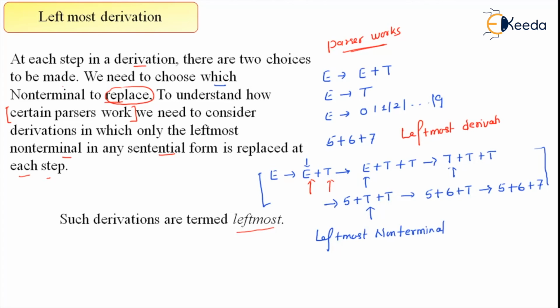Why do we need to understand it? Because a certain parser works in this way. It's very early to comment on which parser, but later in the course you will learn about the parser that uses leftmost derivation. For the time being, remember the term top-down parsing.